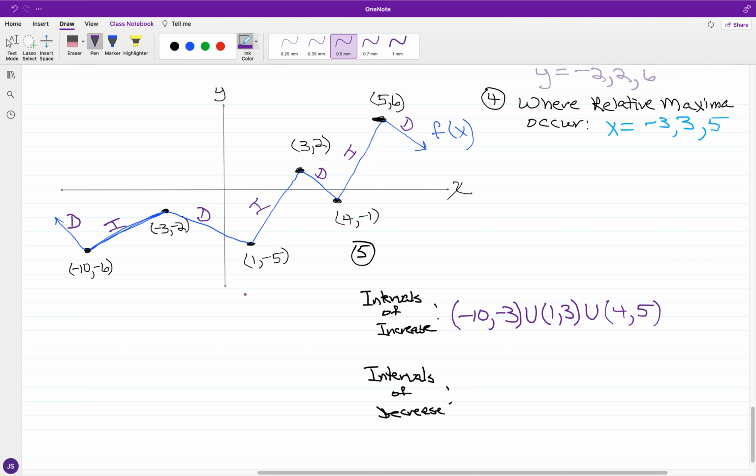Now for the decrease, this is where we start off from the left. So you have between negative infinity and -10. Also between -3 and 1, and also between 3 and 4.